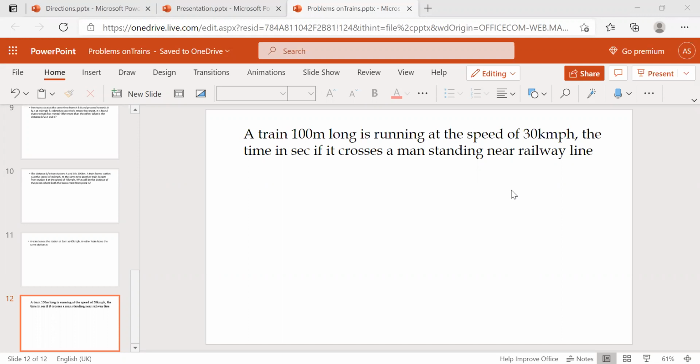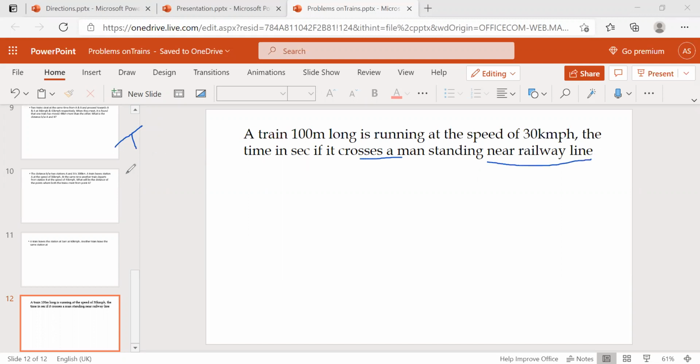A train 100 meters long is running at the speed of 30 kilometers per hour. Okay. The time is in seconds if it crosses a man standing near the railway line. What are they asking here? Time. They're asking time, to cross a man who is standing near the railway line.